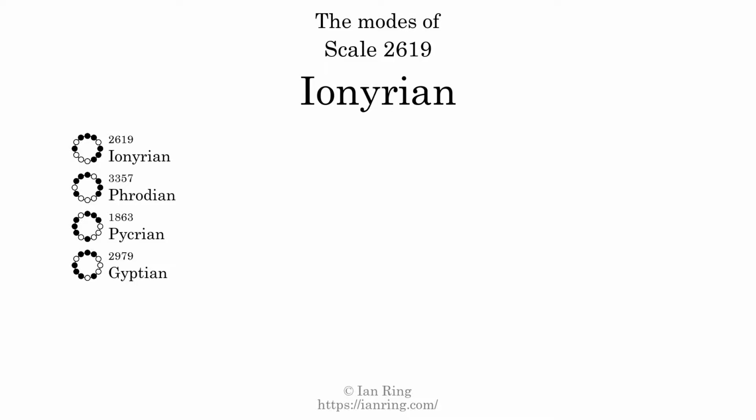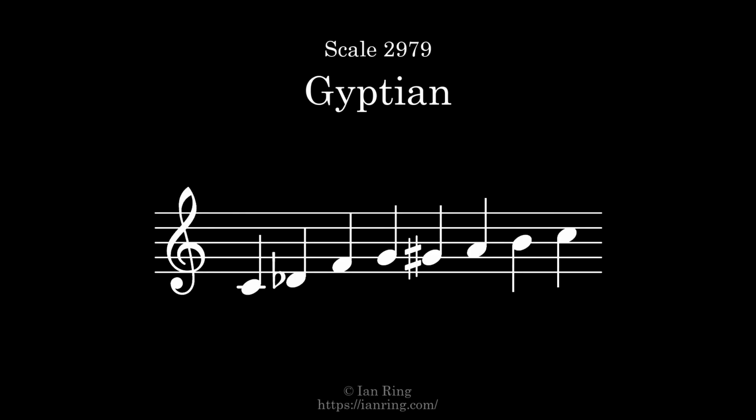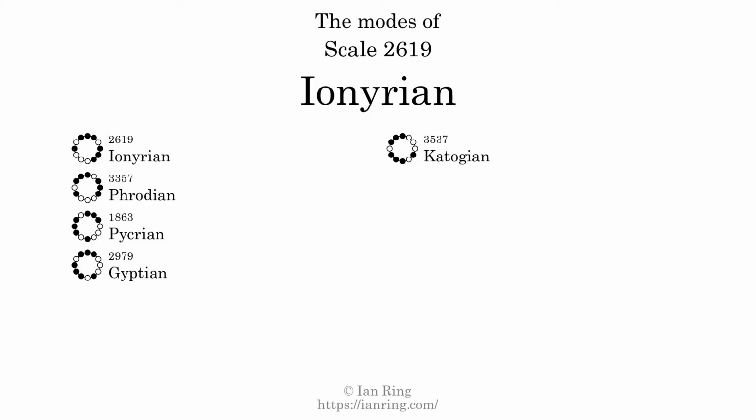The fourth mode is scale 2979, also known as Egyptian. It sounds like this. The fifth mode is scale 3537, also known as Catogan. It sounds like this.